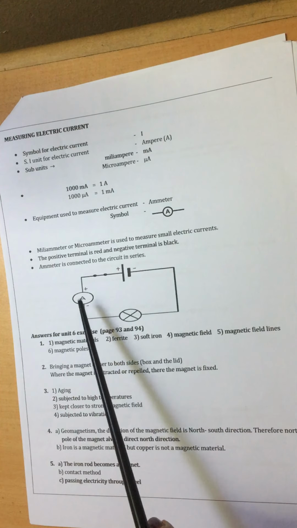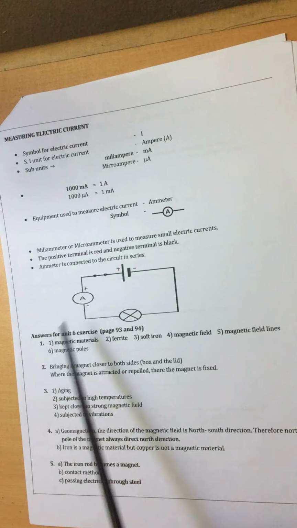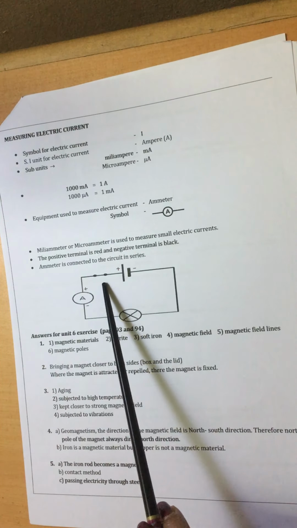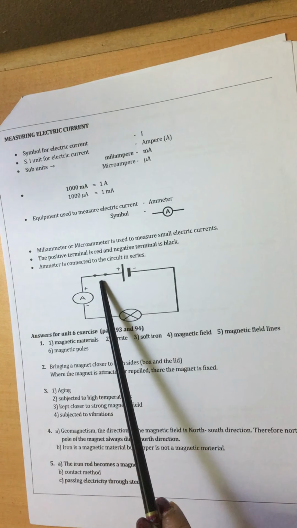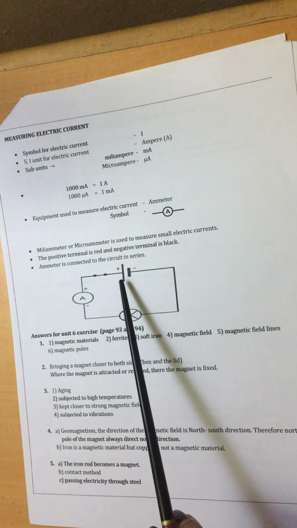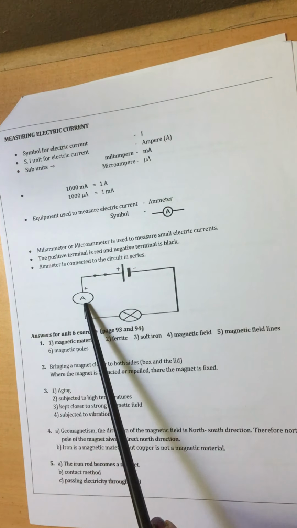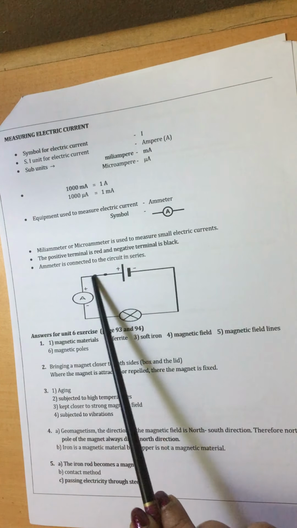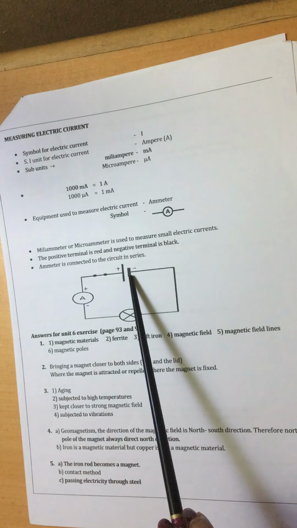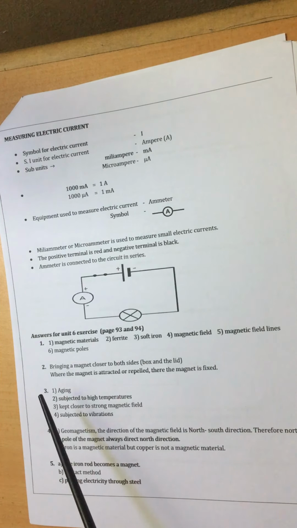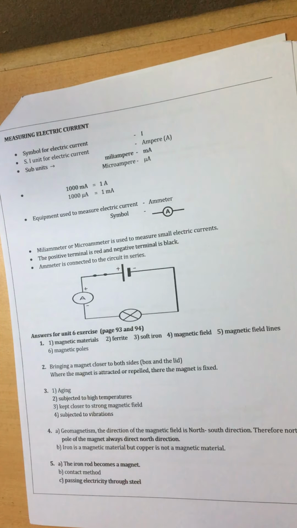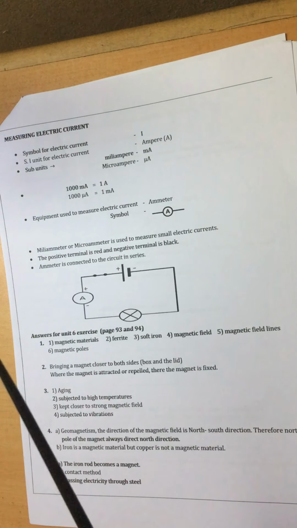The switch is closed, that is on. The circuit is on. This is the symbol. So what happened? The ammeter shows the reading, that is the magnitude of the current, how much current is flowing through this circuit, and the bulb glows. So this is the way of connecting an ammeter and measuring current flow.